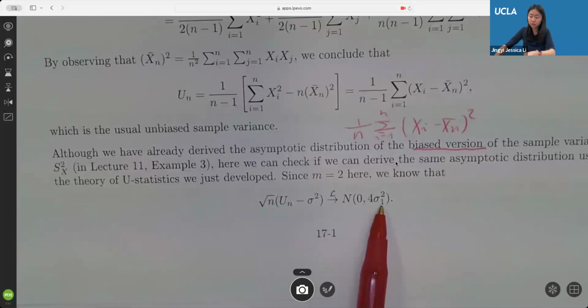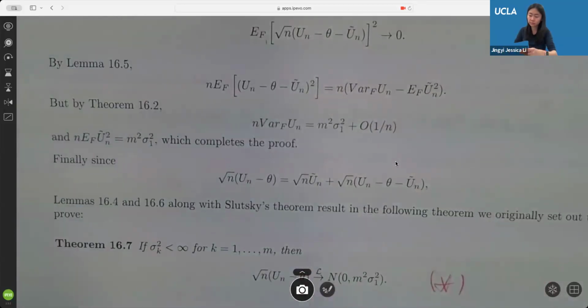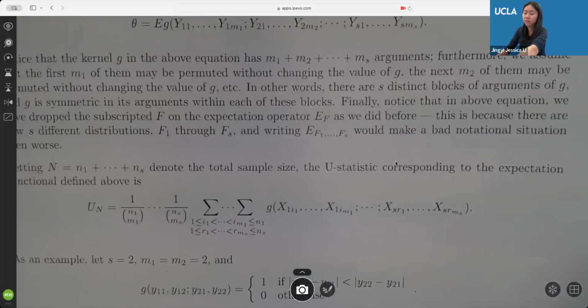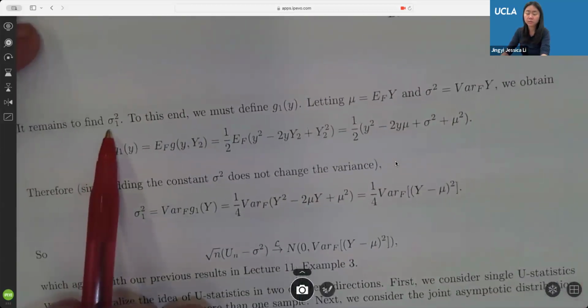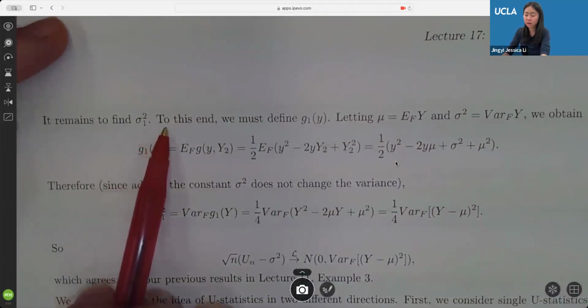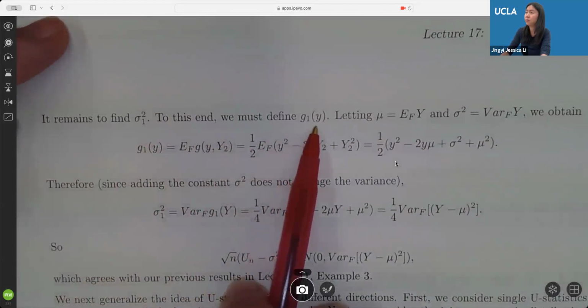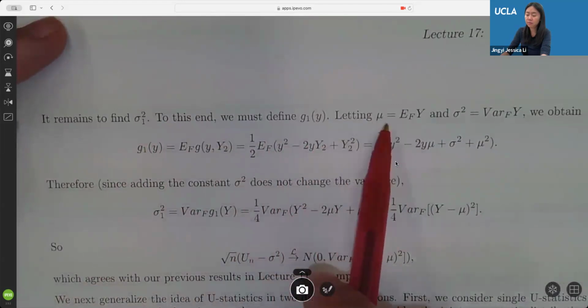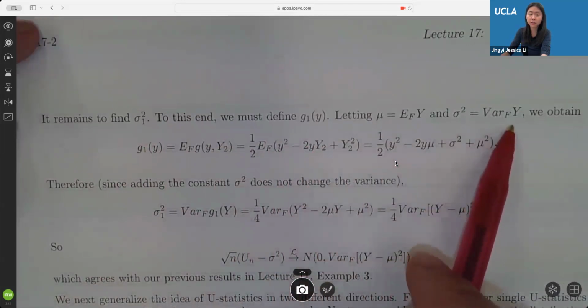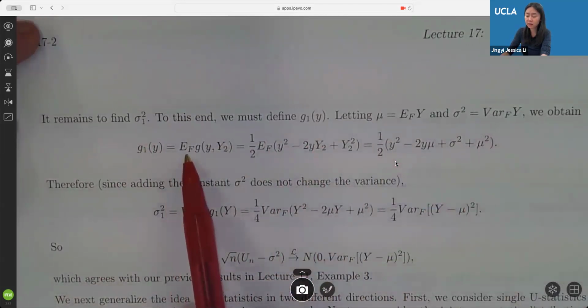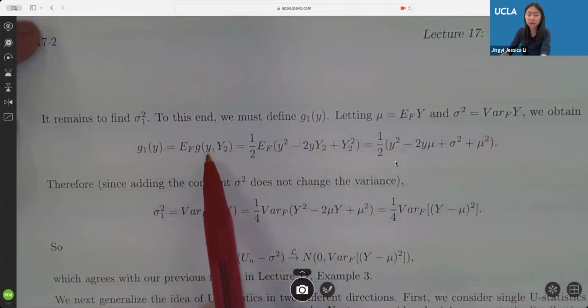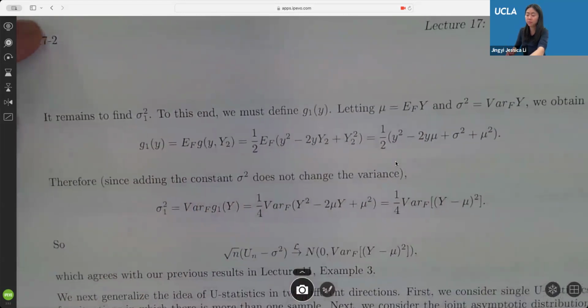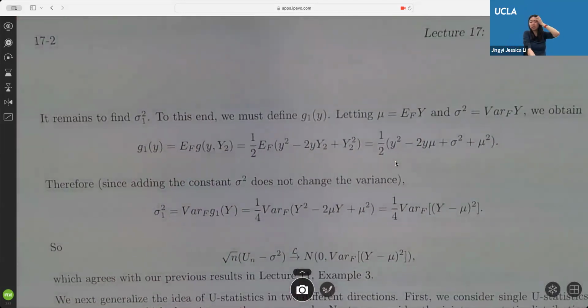So to find sigma 1 squared, because we know the 4 already, we must define the projection, g1(y). Let mu be the mean and sigma squared be the variance. We obtain g1(y) as the expectation of g, fixing the first argument and taking the expectation over the second argument, which is y2.